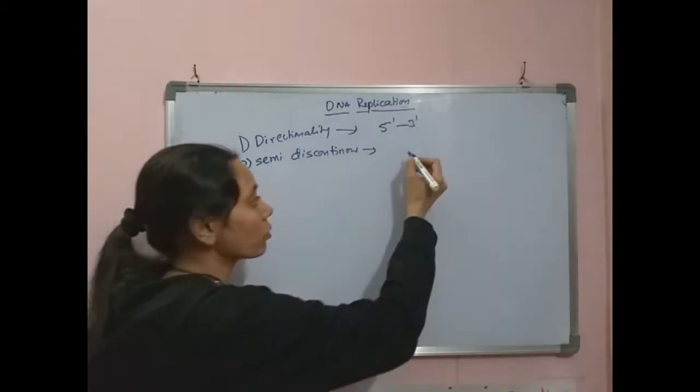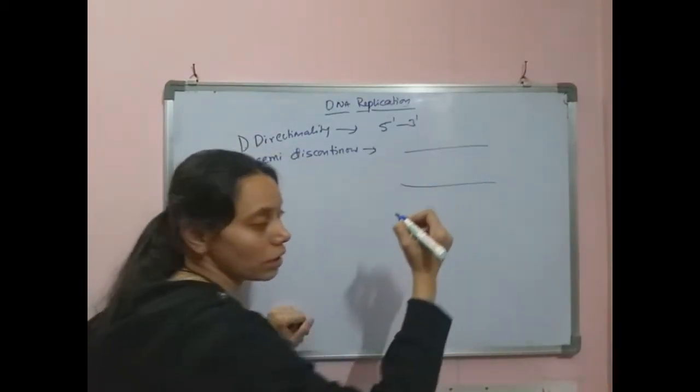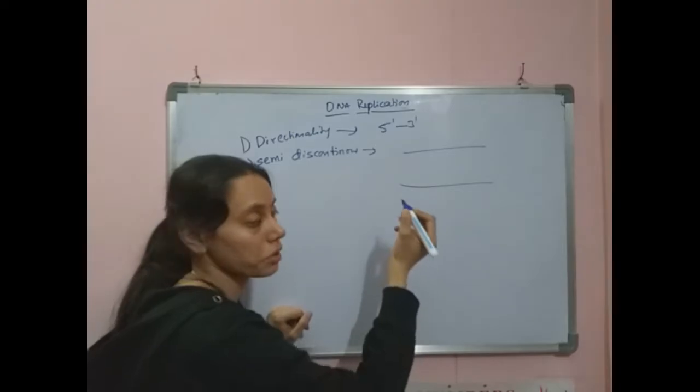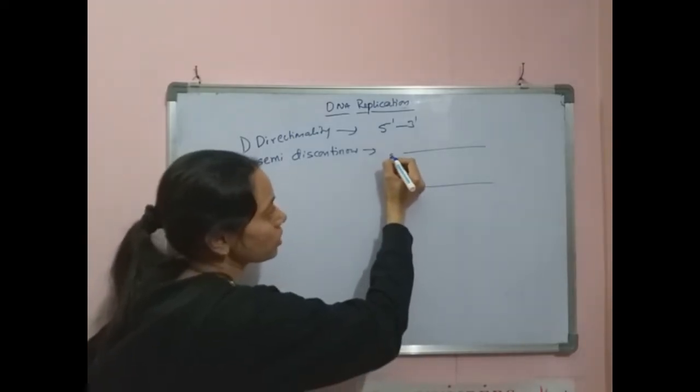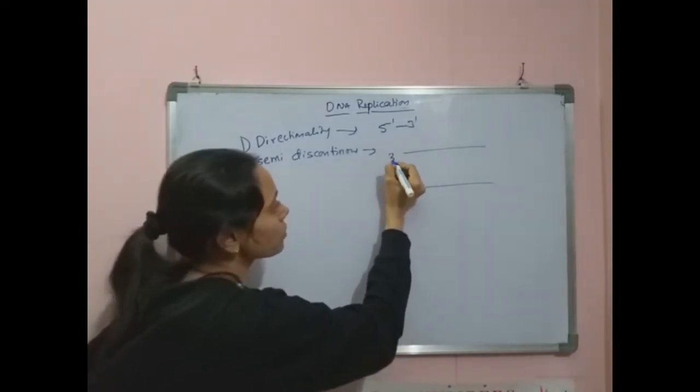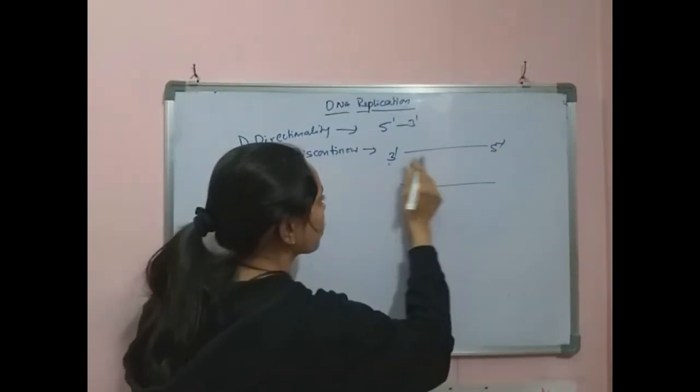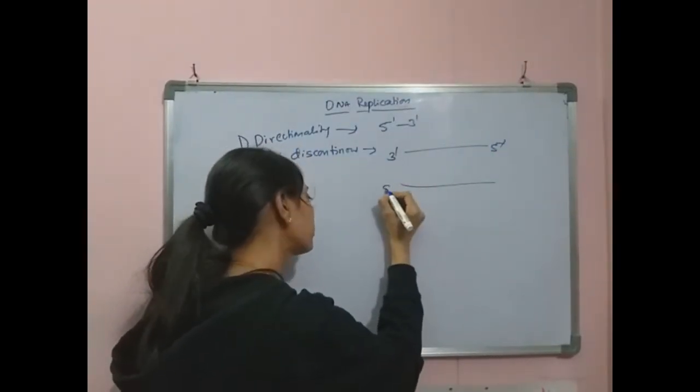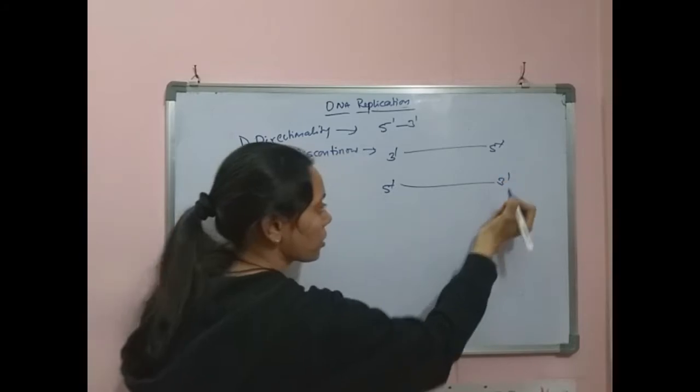But we know that the two strands of the DNA are in opposite orientations, anti-parallel to each other. One will be in the 3' to 5' direction, and the other will be in the 5' to 3' direction.